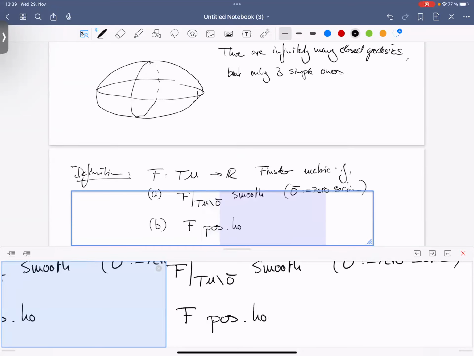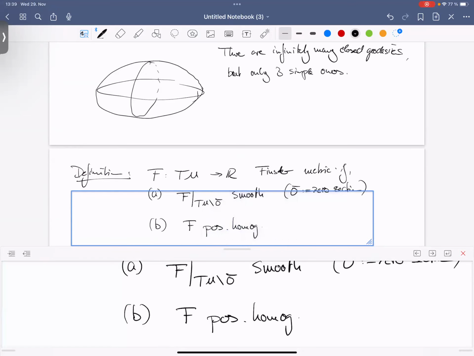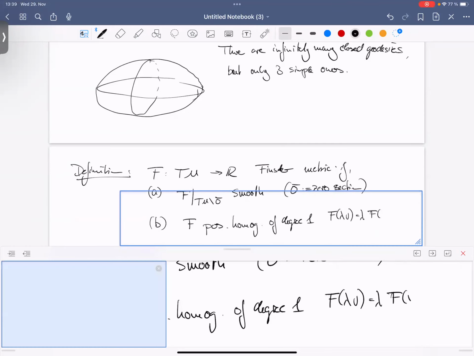It's positive homogeneous of degree 1. That means, so basically, F of lambda v is lambda times F of v for lambda positive.